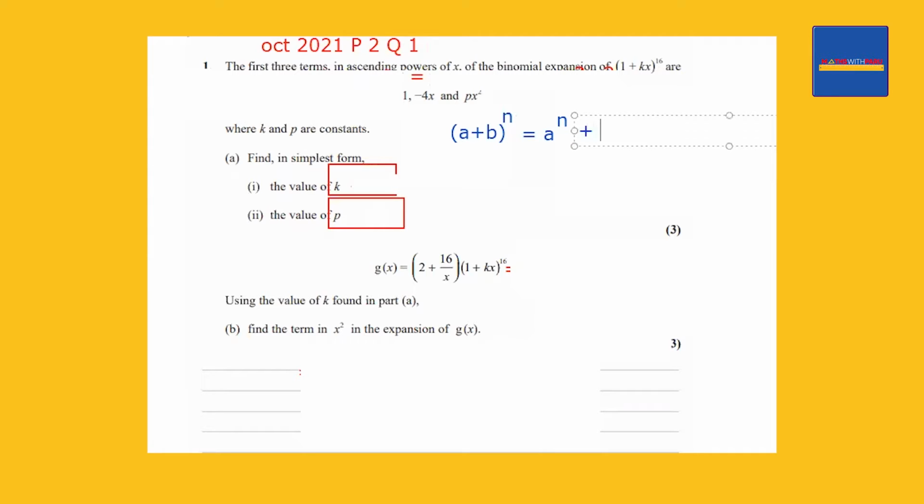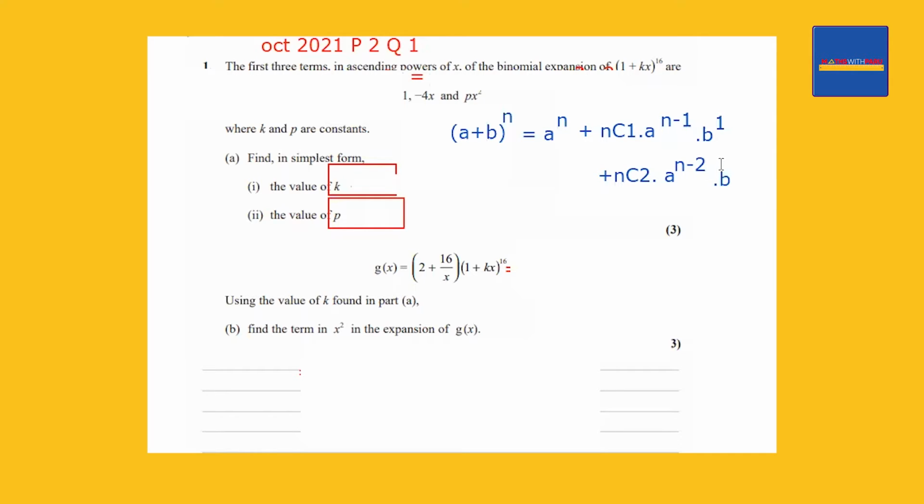The second term will be nC1 into a to the power n minus 1 into b to the power 1. The third term will be nC2 into a to the power n minus 2 into b to the power 2.